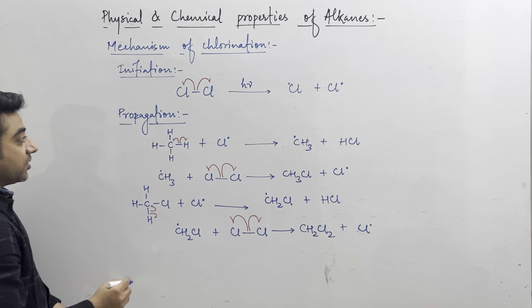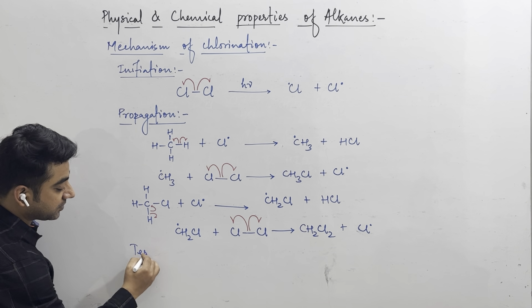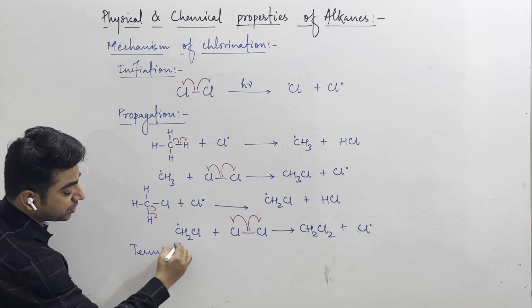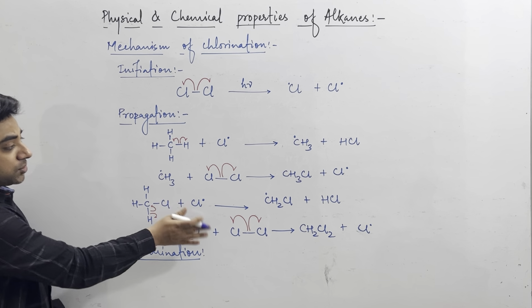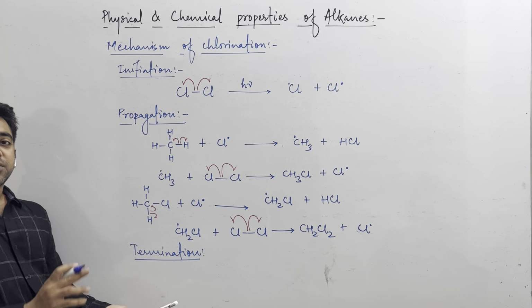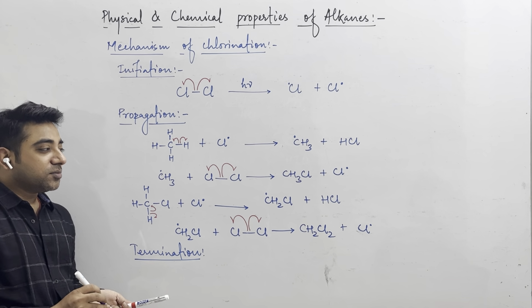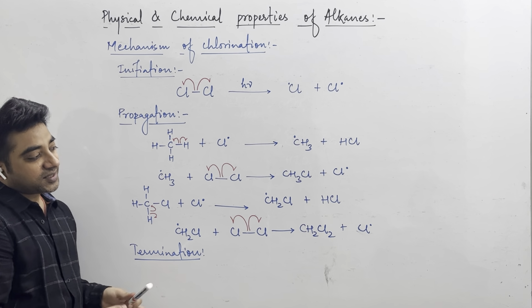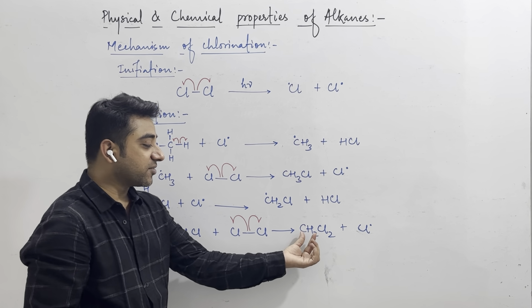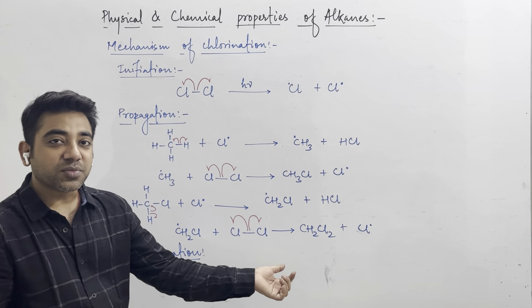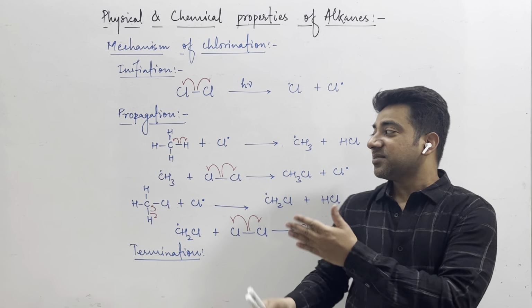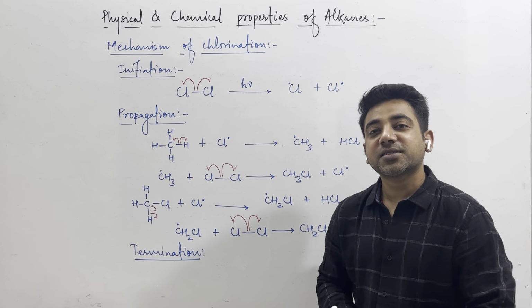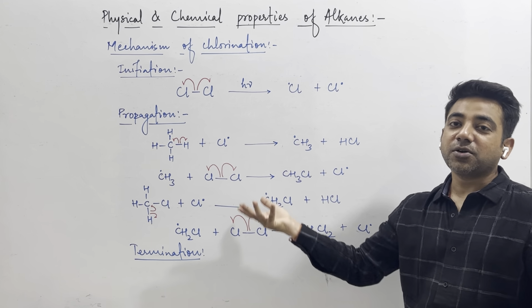After this comes termination step, and this will continue. I have shown propagation, and I have shown 2 steps till the formation of CH2Cl2. Now the same way you can proceed further. Again, this can undergo homolytic fission of the carbon hydrogen bond, giving CHCl2 free radical, and the same way you can extend this step. This is what we call propagation.